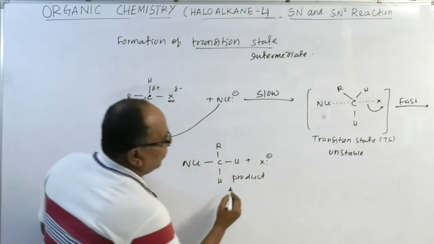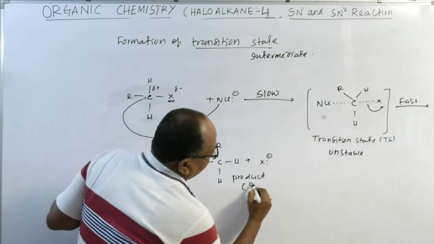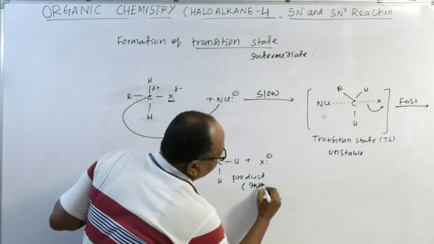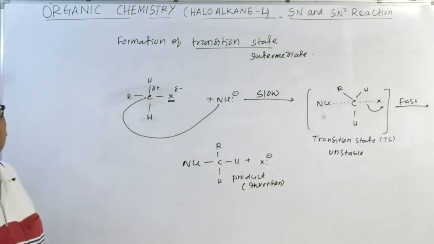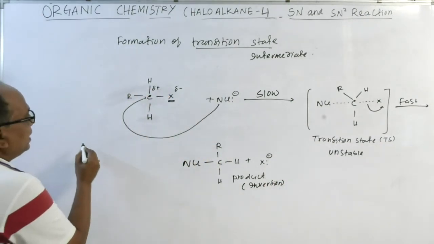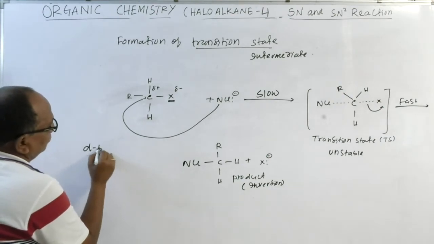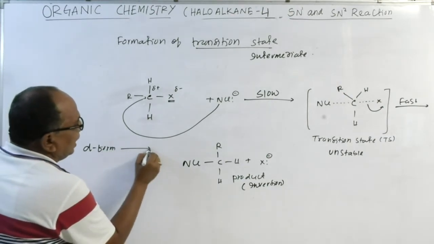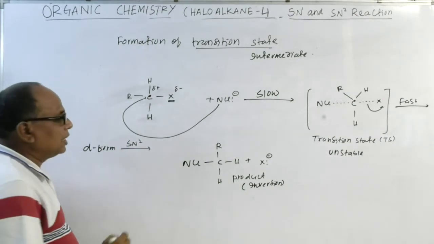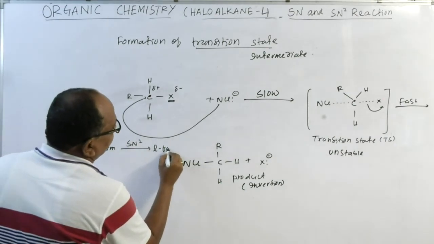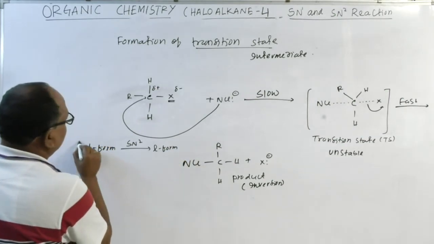So you get what product? You get an inversion product only. That is, the D form alkyl halide undergoing SN2 reaction always gives L form product.